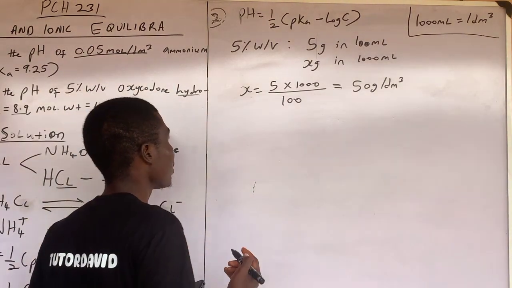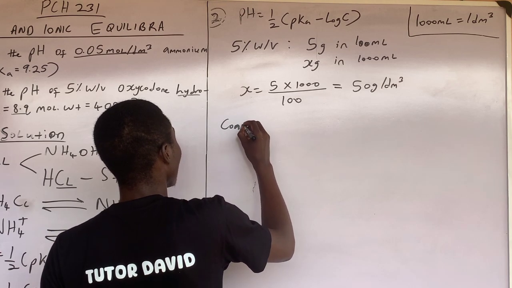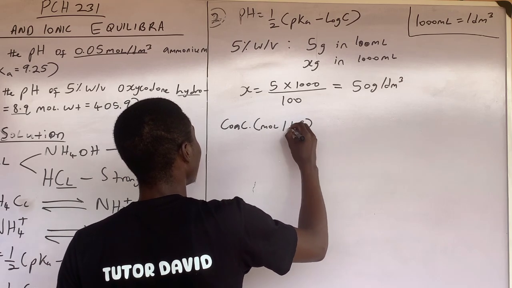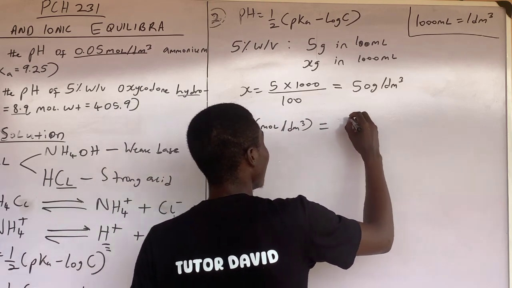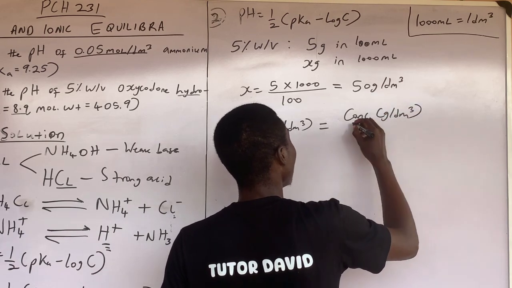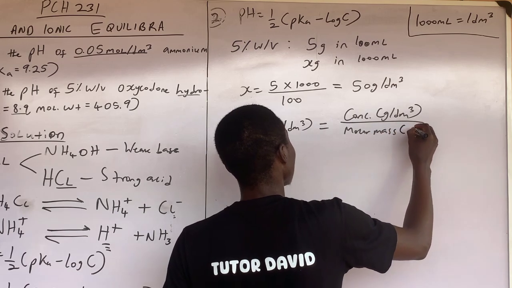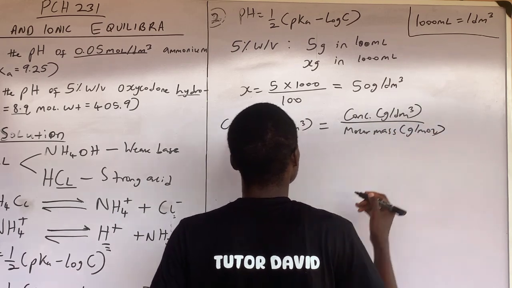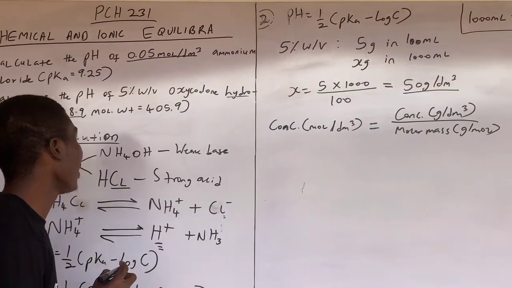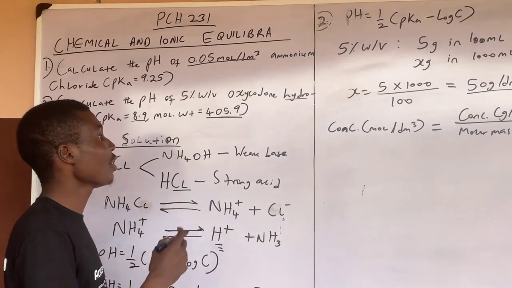For us to convert to mole per dm cube, we're already given the formula. The concentration in mole per dm cube is equal to the concentration in gram per dm cube divided by the molar mass, which is in gram per mole. Do we have the concentration in gram per dm cube? Yes, we have that. Do we have the molar mass? We have been given the molar mass to be 405.9.